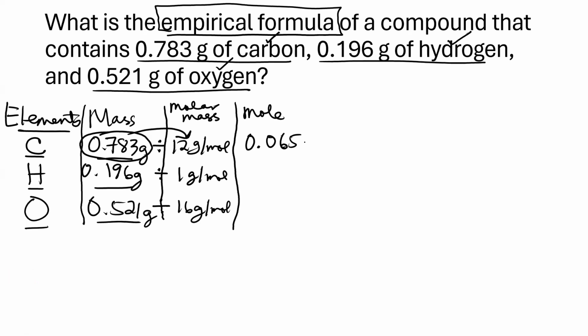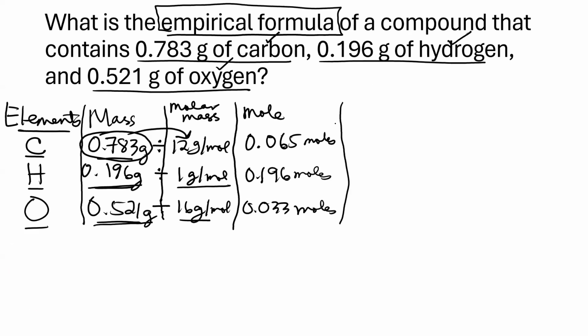Were you able to get that? Very good. And then when you divide 0.196 grams for hydrogen by 1, of course, you will get 0.196 moles. And when you divide 0.521 grams by 16 grams per mole, you'll get 0.033 moles for oxygen.